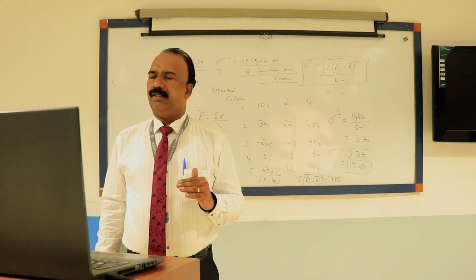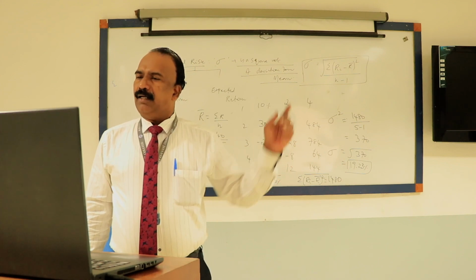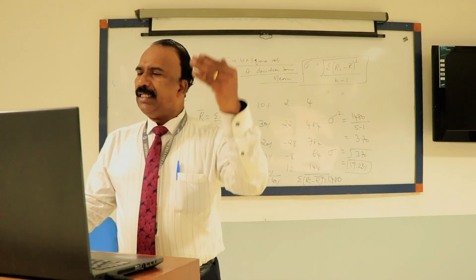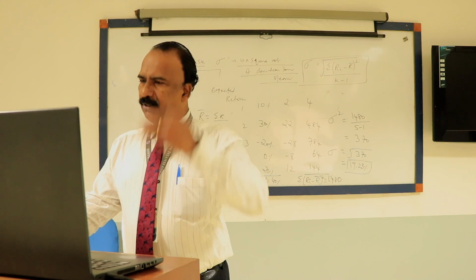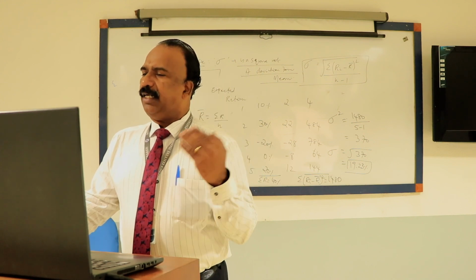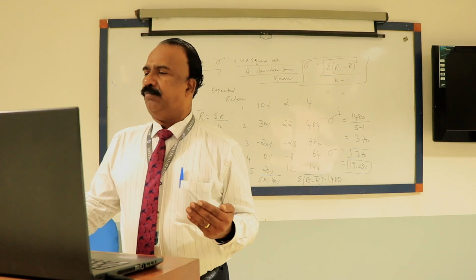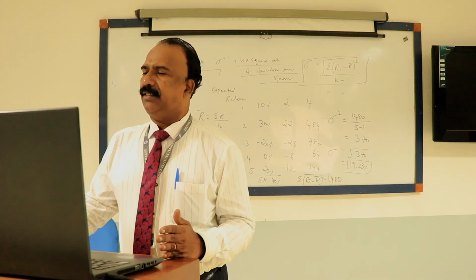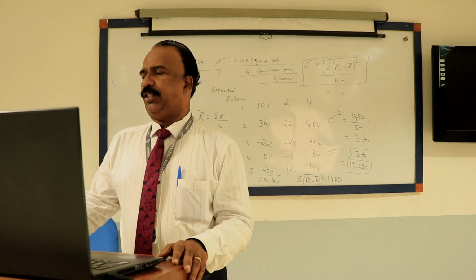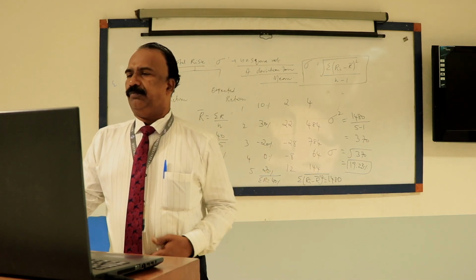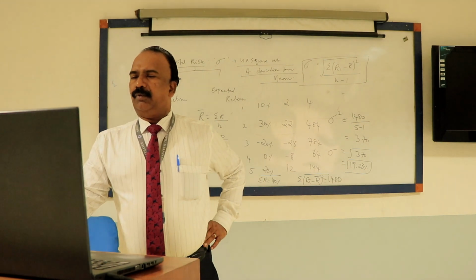Then total the square of deviations. Divide it by n minus 1, which will give you variance. And if you take the square root of variance, that will give you standard deviation. Clarified?